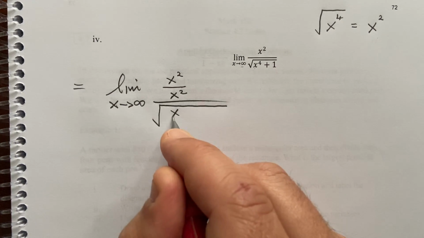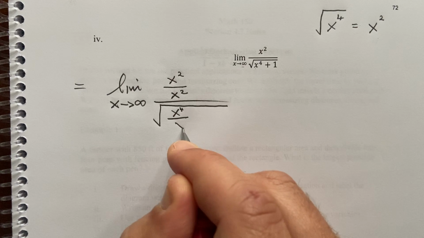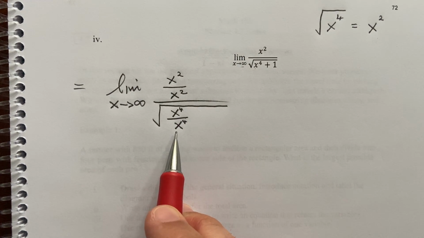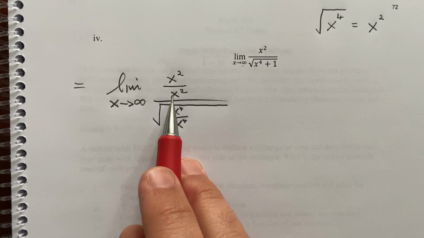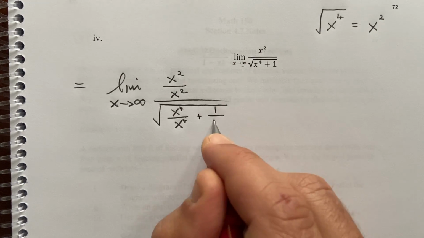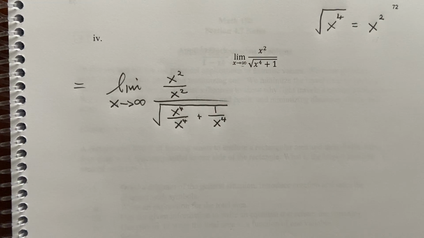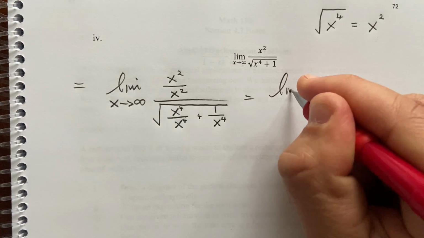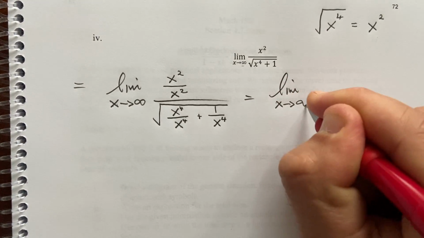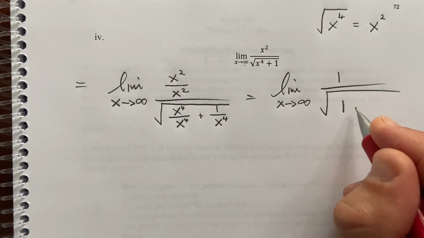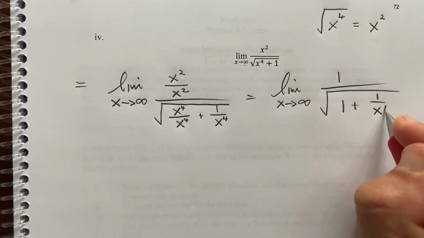So I'll have x to the 4th over x to the 4th. Dividing by x to the 4th inside of the root is like dividing by x squared outside of the root. Plus 1 over x to the fourth. So simplifying, I have limit as x goes to infinity of 1 over the square root of 1 plus 1 over x to the fourth.